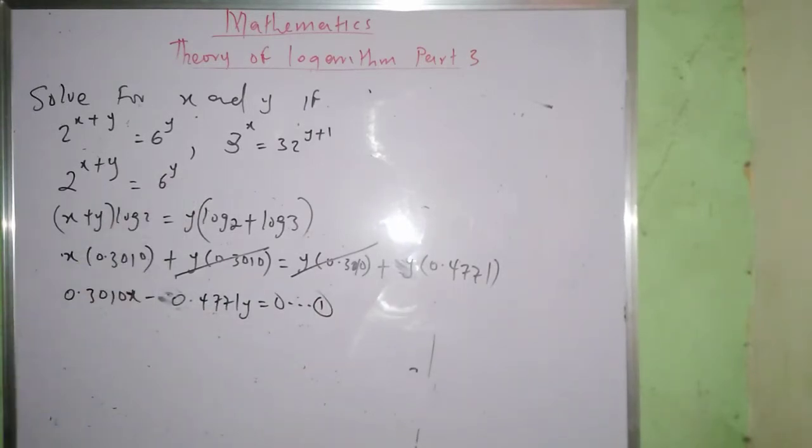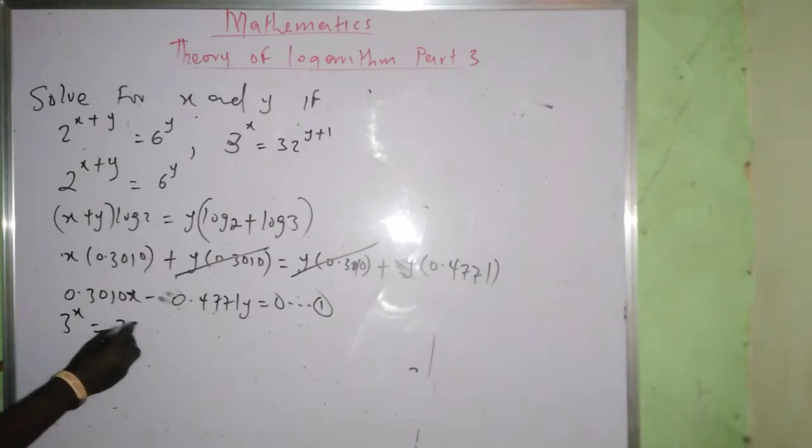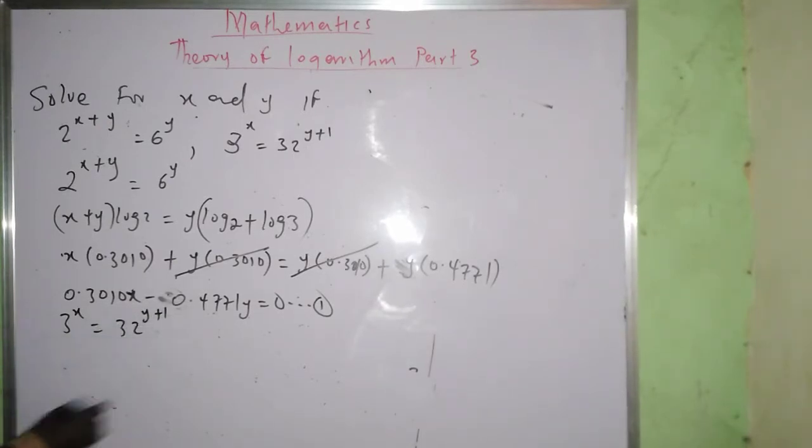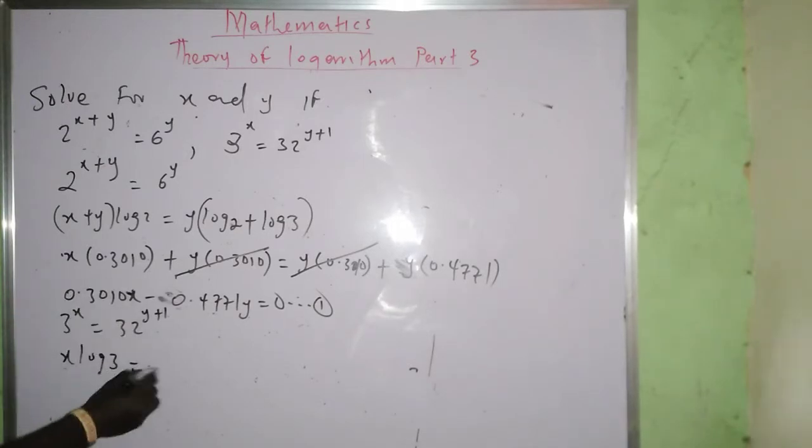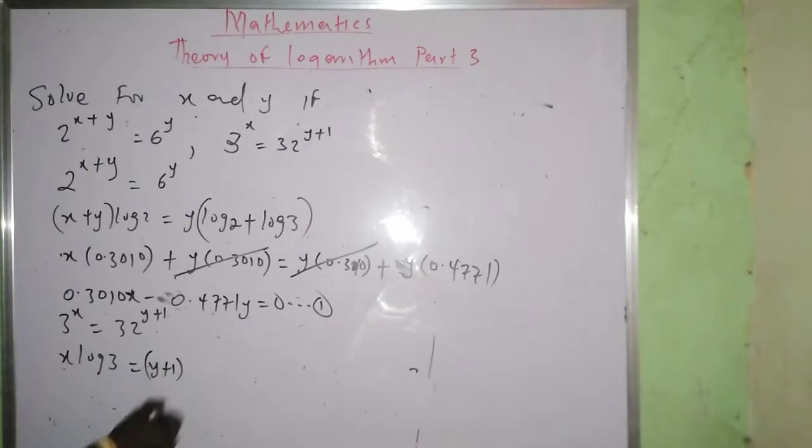I will do the same thing for this part, which is going to be what? I will have 3 raised to x equals 32 raised to power y plus 1. Now, x log 3 equals y plus 1 times log 32, which is going to be 5 log 2, since 32 is 2 raised to the power 5.